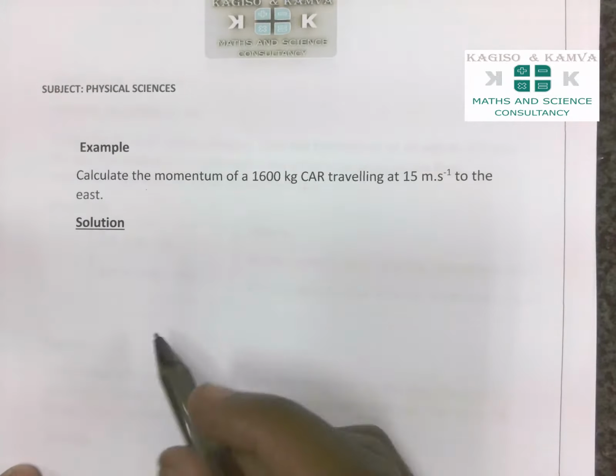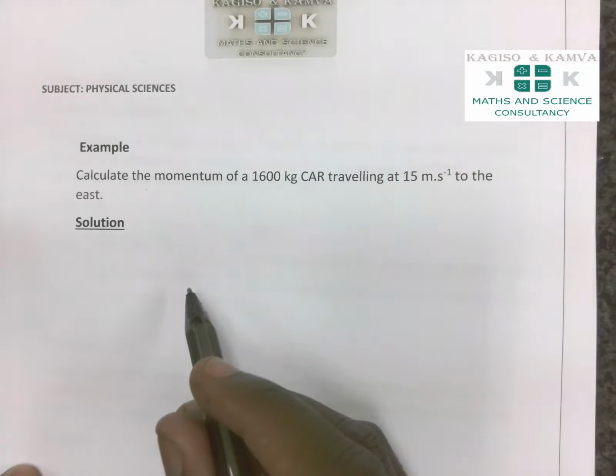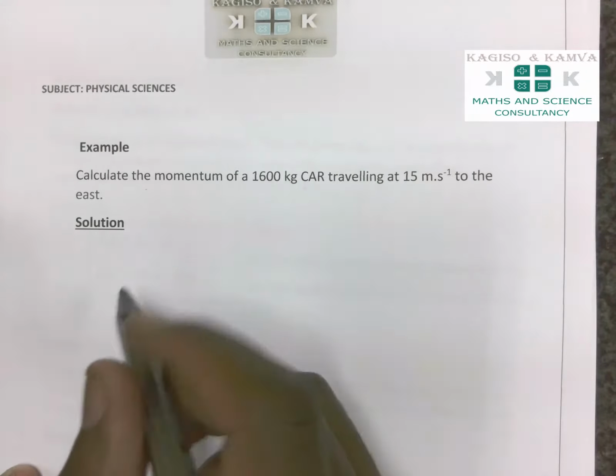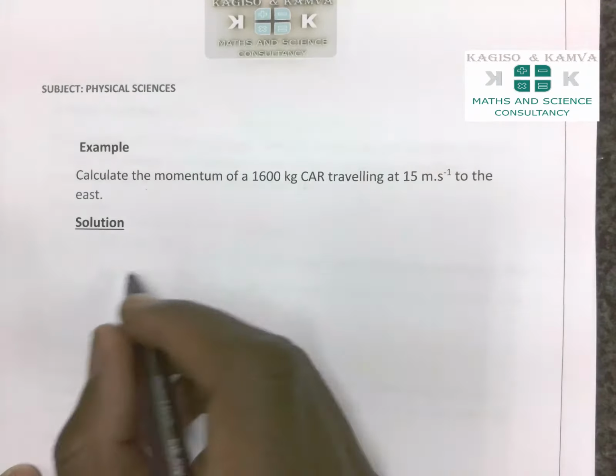Since we know that momentum is a vector, the first thing that we need to do is to indicate the direction.